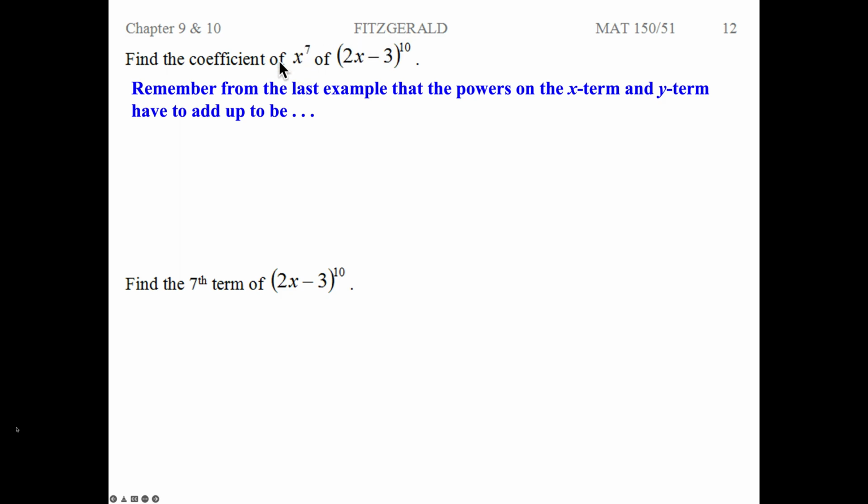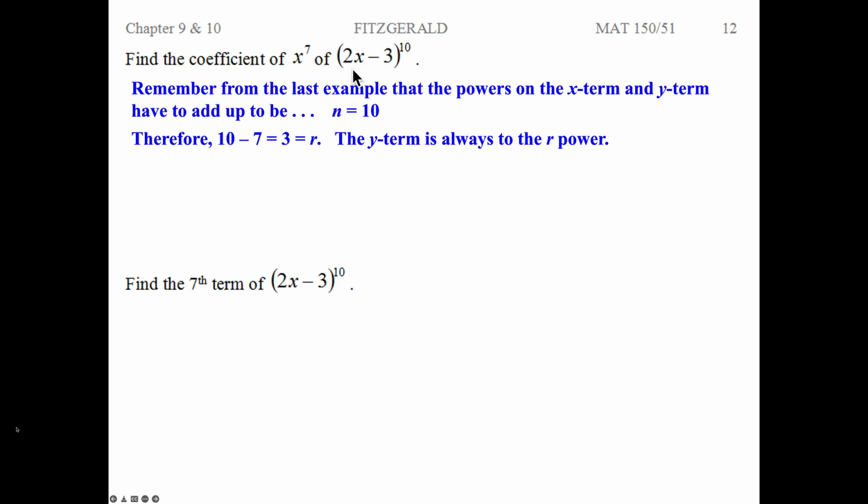So this is going to be x to the 7th. So this term to the 7th power, this term to the 3rd power, and your n is 10. So the 7 subtracted from the 10 gives me the 3, or you can remember that these two terms have to have their powers add up.